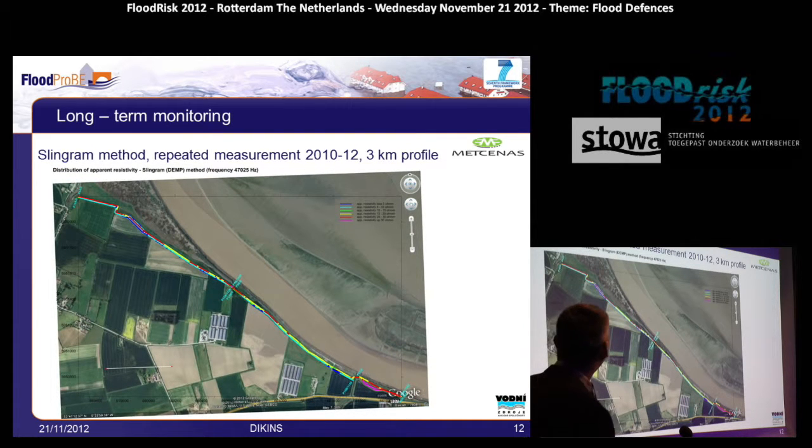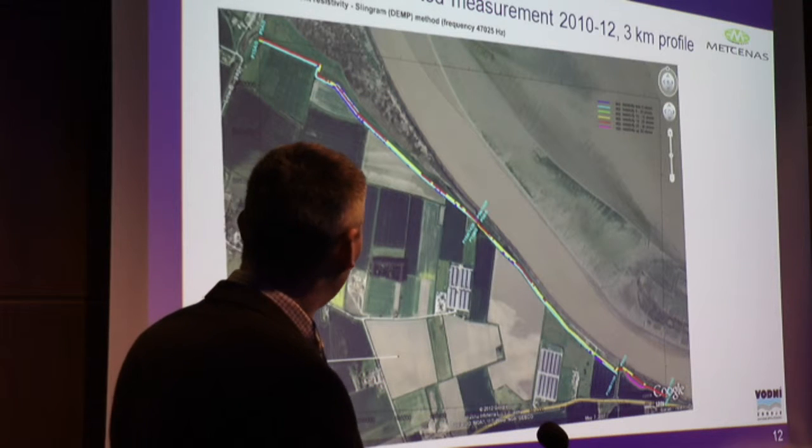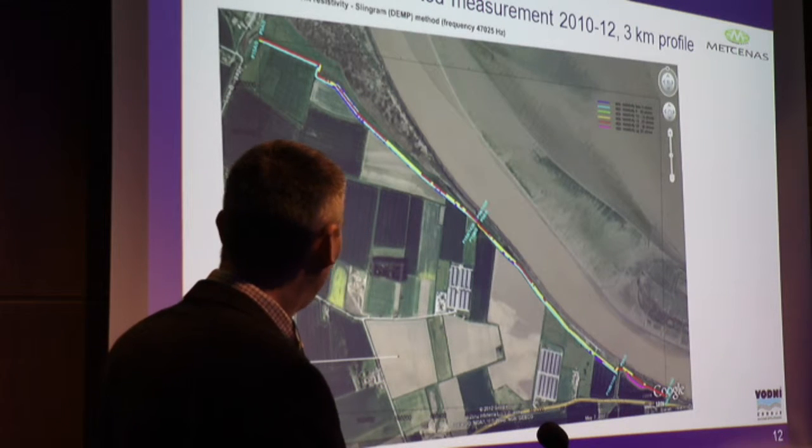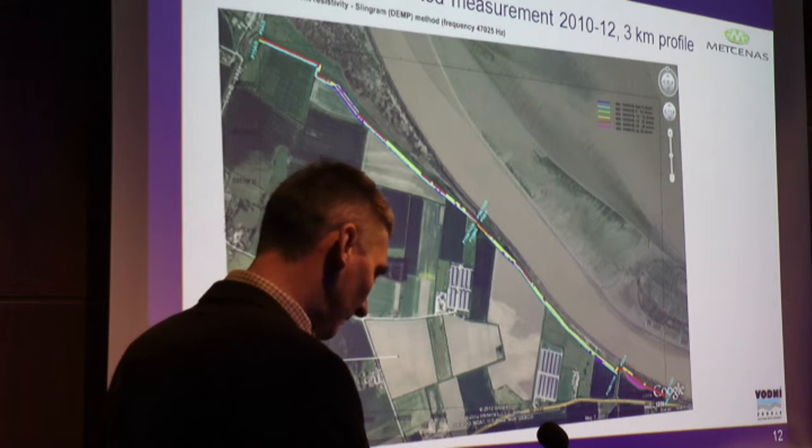On this picture you can see distribution of apparent resistivity from this fast measurement. There are 2 profiles. The line which is closer to the river is on the river side of the embankment, and the second line on the countryside is on the air side, the air slope of the embankment.